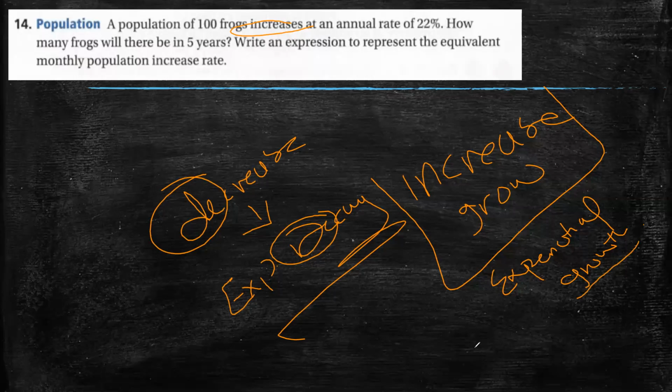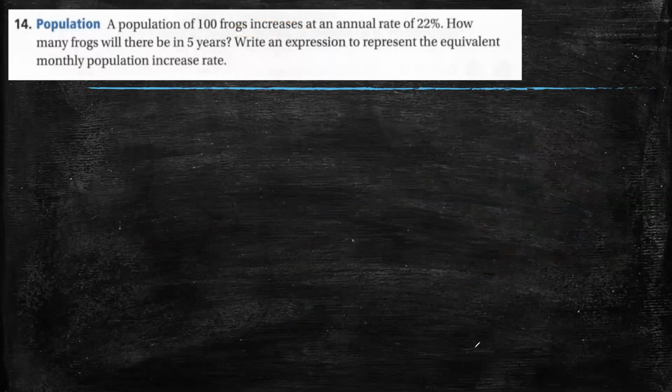Let's have this question now. A population of 100 frogs increases at an annual rate of 22%. How many frogs will there be in 5 years? Write an expression to represent the equivalent monthly population increase rate.